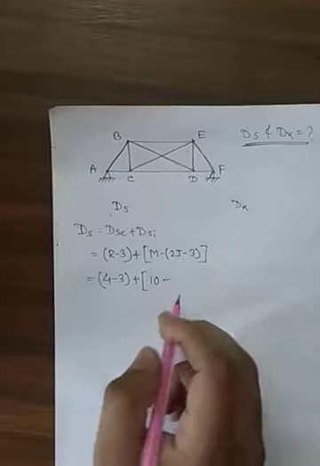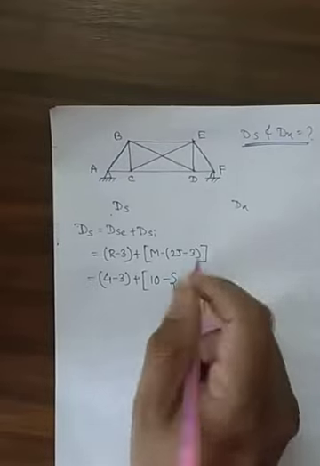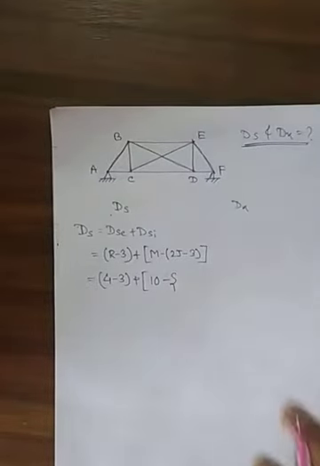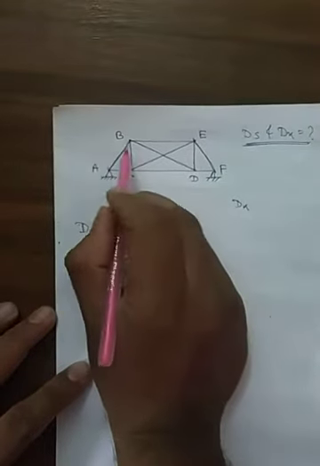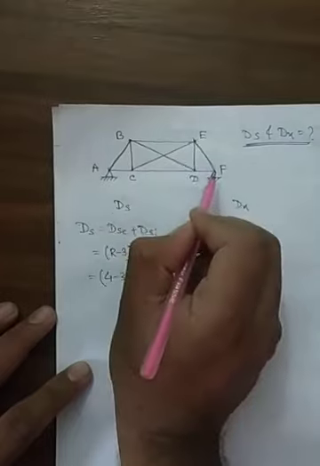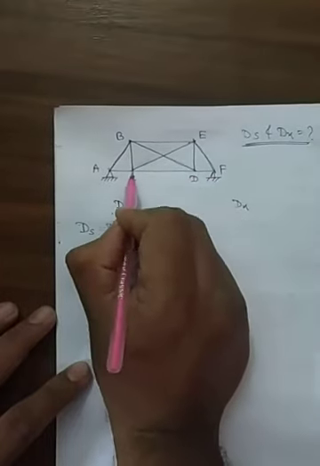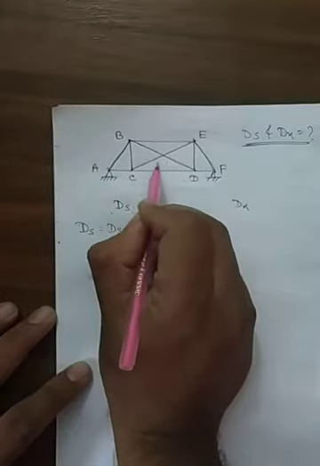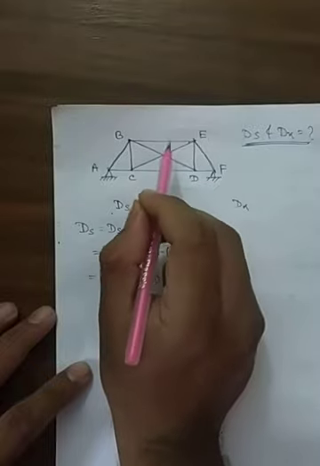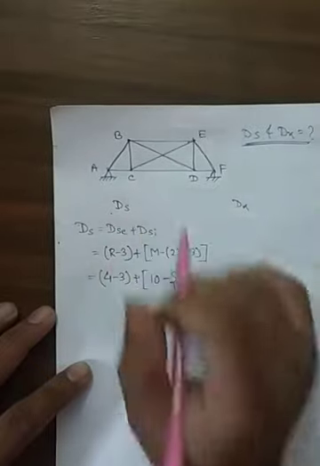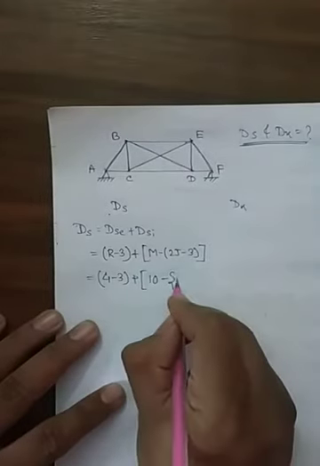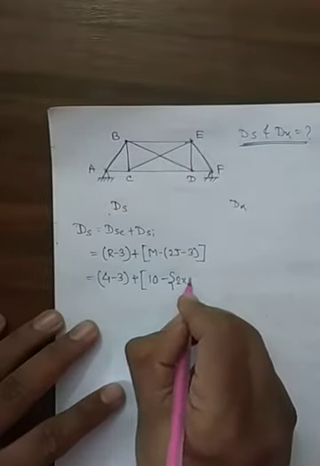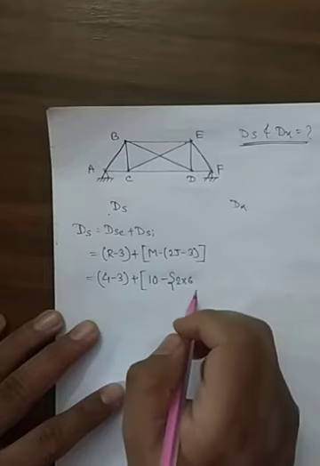10 minus 2j. What is j? j is number of joints. Number of joints 1, 2, 3, 4, 5, 6. Okay. This is not a joint. I told earlier, this is not a joint. This is two independent members. That two members are not connected. So 2 into number of joints, how much? 6. 6.